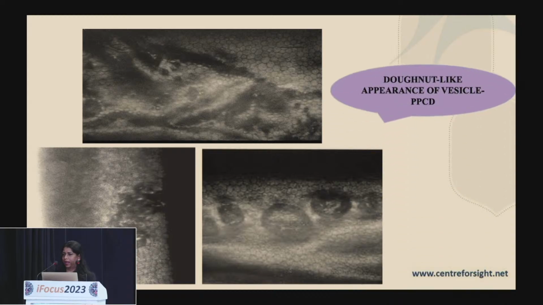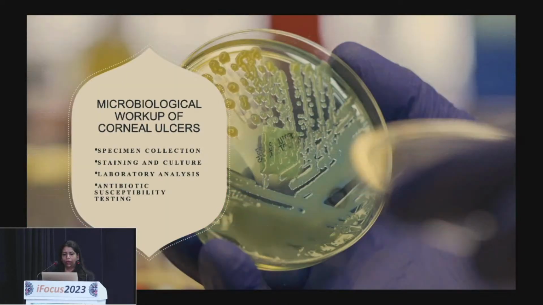So it's a donut sign which we see in posterior polymorphous corneal dystrophy. It is very slowly progressive and sometimes it's just stagnant. So you will have a good endothelial function and the patient will not have any signs of endotheliopathy in such situations, okay? It's a donut sign because the center cells are normal and the cells outside the dark circle will be normal, and that's why it's called donut sign, okay?